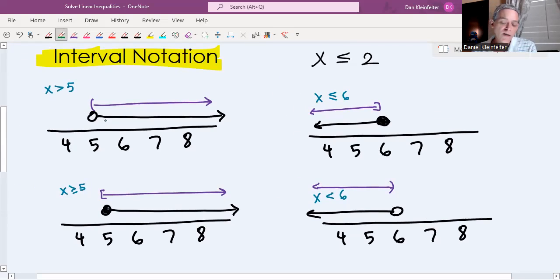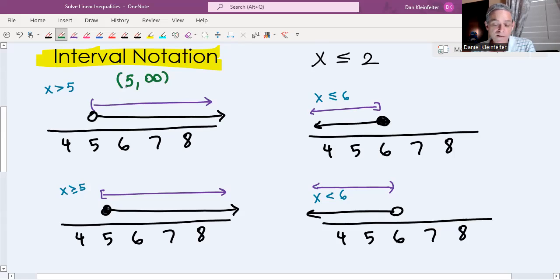In order to describe the set of numbers, we want a compact way of expressing this arrow. We might say it's the arrow that starts at 5 and extends to the right forever. It keeps going up, up, up, for all the numbers that are bigger than 5. We express this with a 5, then a comma, and then the infinity sign to indicate that the set of numbers keeps going up forever and ever.